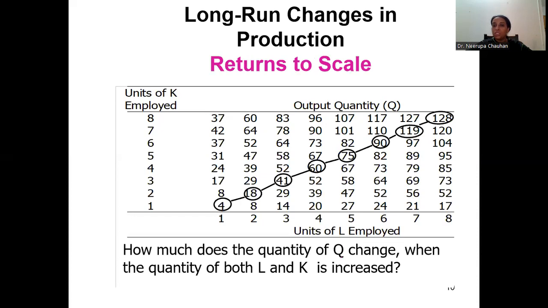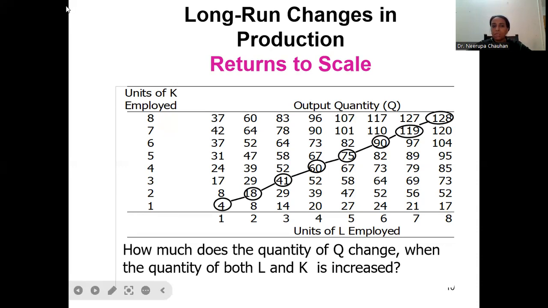Now, the long run changes in production are called returns to scale, right? So the question is how much does the quantity of Q change when the quantity of L and K is increasing? What I told is in the long run, we always have an increase in the various variables. So here I can see that I have 1 K, my capital invested, and only one labor. So you can see that I am only able to produce 4 quantity.